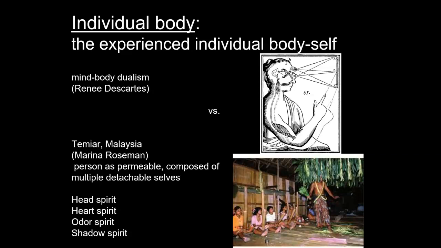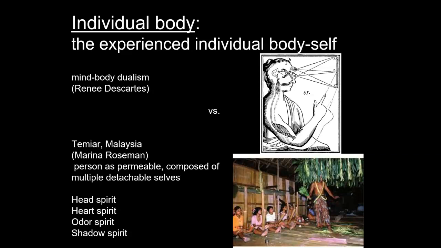Now, that is not, as I've suggested, the only way to conceptualize what an individual body or an individual person is. So as another, contrasting example, I'll give you this example on the bottom. This is drawing from the work of a medical anthropologist named Marina Roseman, who has done long-term field research in Malaysia with a group of people called Temiar.